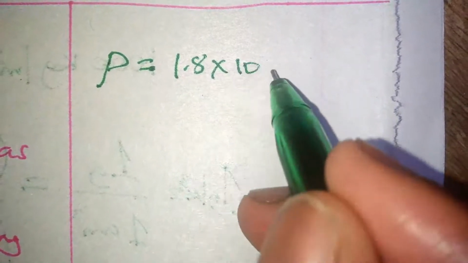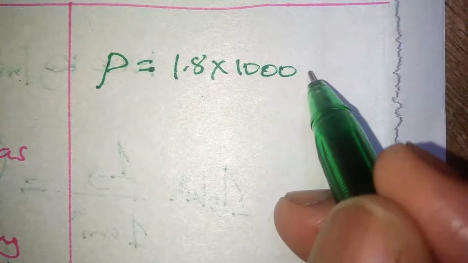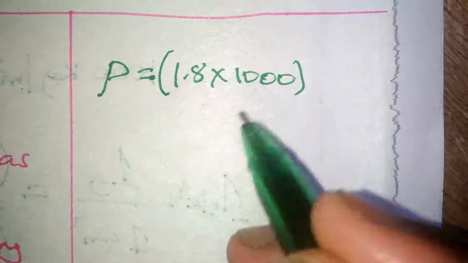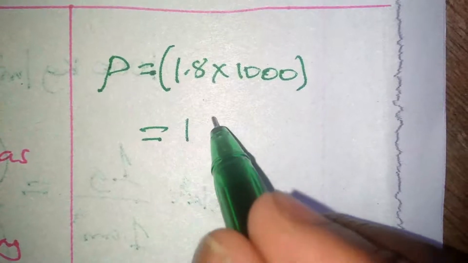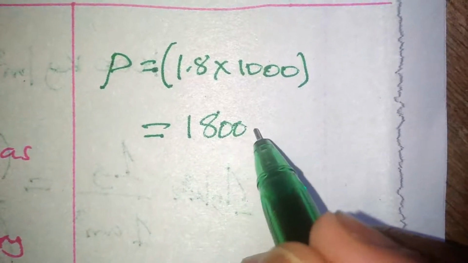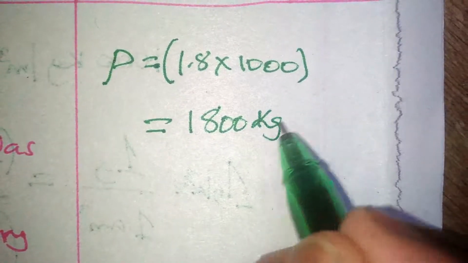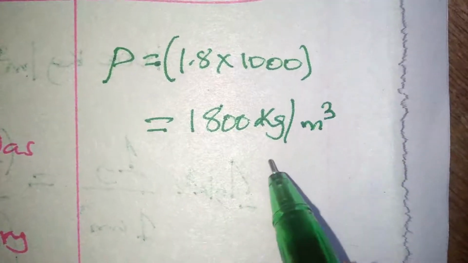Now that means the density of ivory would be rho is equal to 1.8 times 1000, because we are simply multiplying by 1000 to convert. That gives us 1800 kilogram per meters cube.